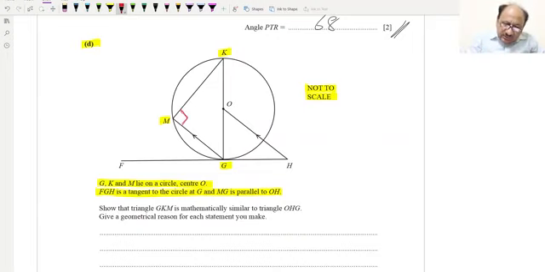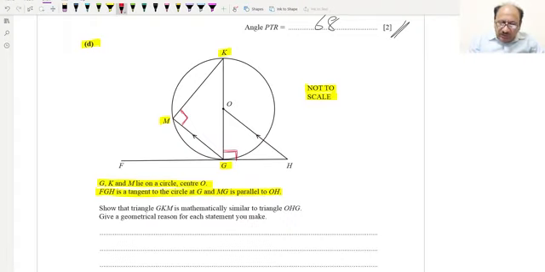Similarly, this is a tangent, and this is a radius. I will indicate it: this is the radius and this one is the tangent. So the angle between radius and tangent is 90 degrees, so this angle will be 90 degrees.